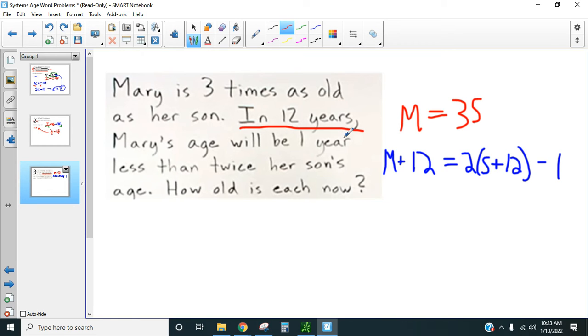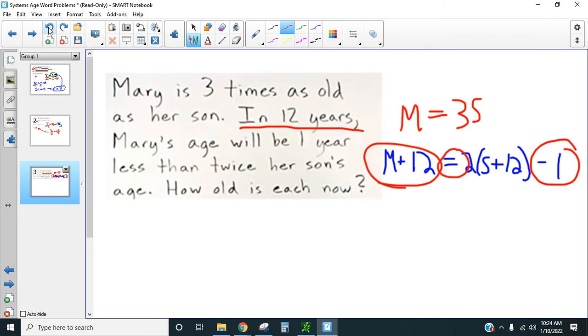In 12 years, Mary is 12 years older, right? But so is her son. So 12 should be added to Mary's age. That's this part here. Also, it should be added to her son's age. Okay, now, Mary's age will be 1 year less.